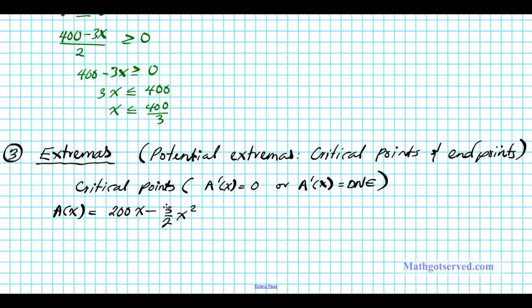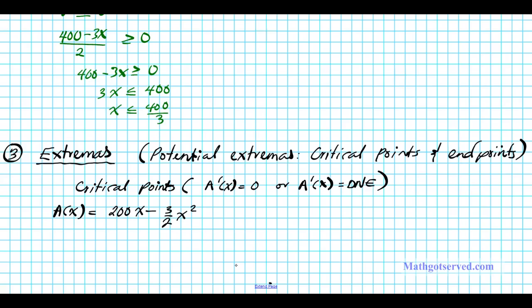Does this function have any vertical tangents, corner cusps, or discontinuities? The answer is no, because this is a downward facing parabola, which means that the derivative is defined for all values of x. So there are no points where the derivative is non-existent.